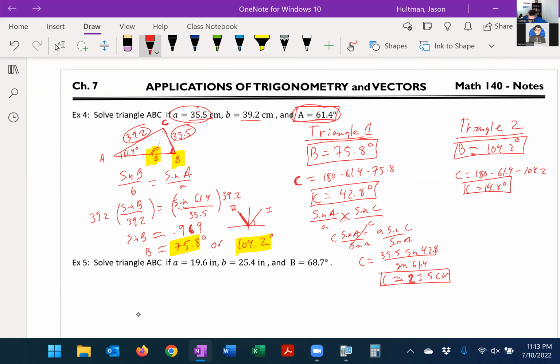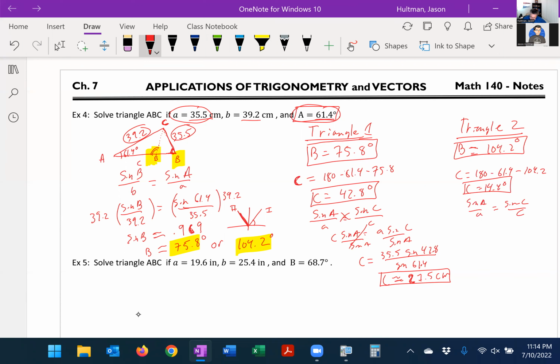And we basically have the same setup as before. Sine A over A is equal to sine C over C, because we want to find side C now. It should be shorter than the 27.5 because the angle is now obtuse, which means that this side C, right there, should be shorter, because it's an obtuse angle.